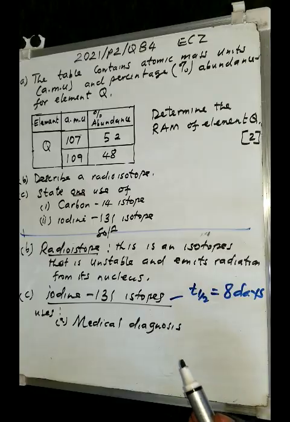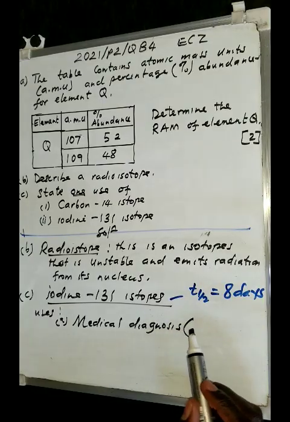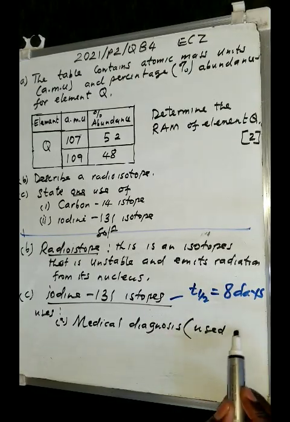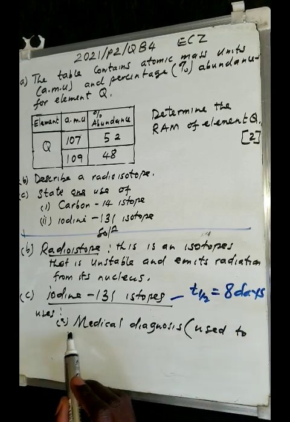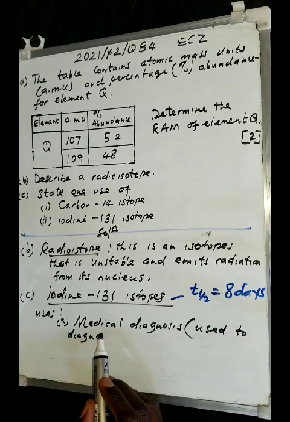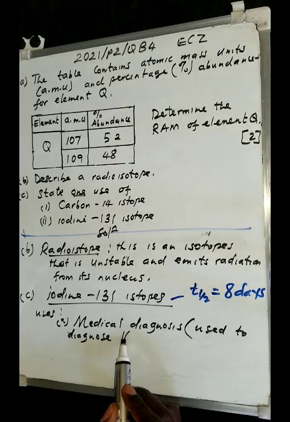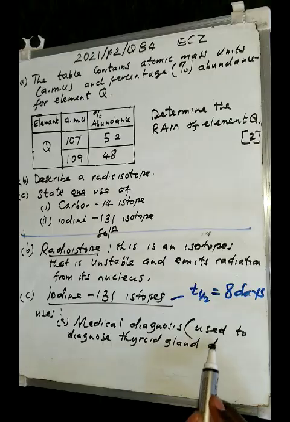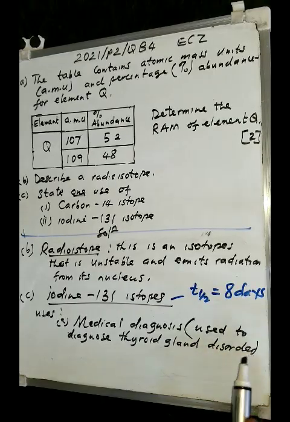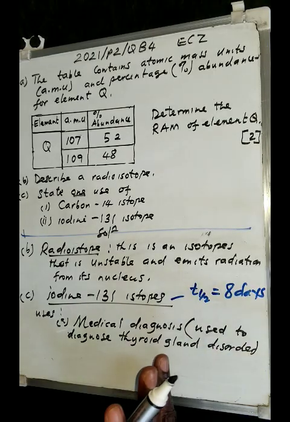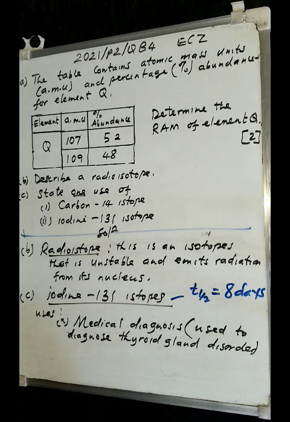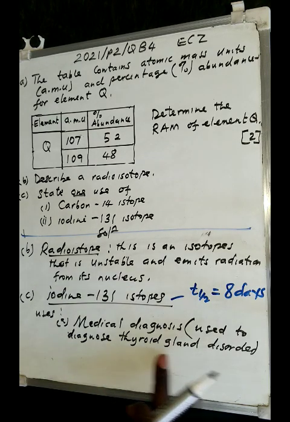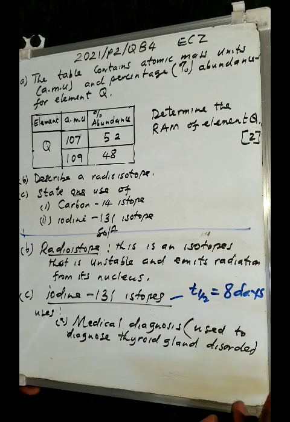For example, it is used to diagnose thyroid gland disorders, because the thyroid naturally absorbs iodine. In fact, if you go to your biology, you need iodine for the proper functioning of the thyroid gland.